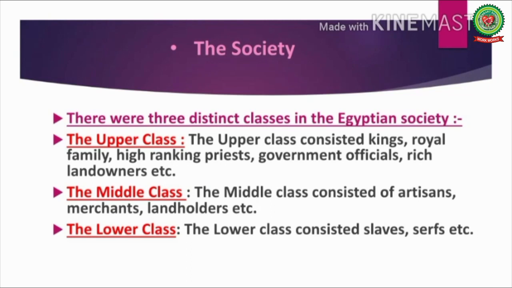The upper class consisted of kings, royal family, high-ranking priests, government officials, rich landowners, etc. Number 2, the middle class. The middle class consisted of artisans, merchants, landholders, etc. And number 3, the lower class. The lower class consisted of slaves, serfs, etc.